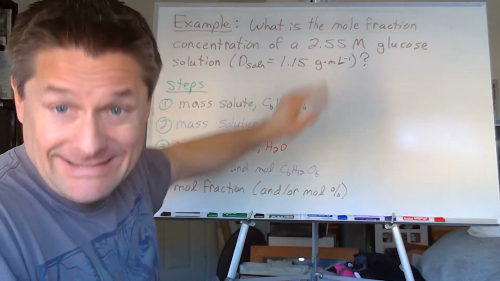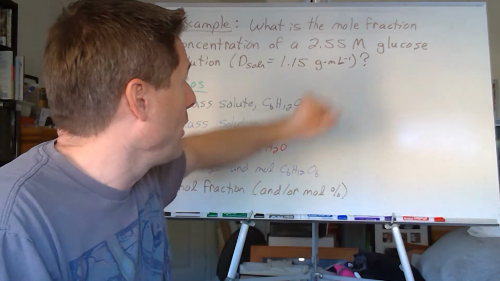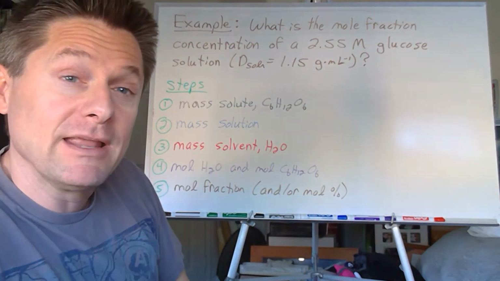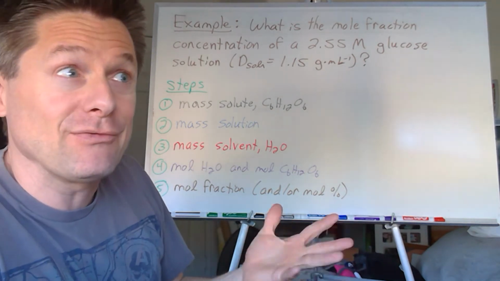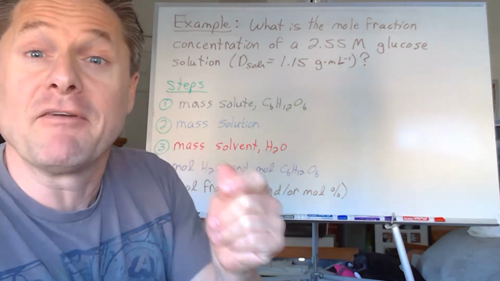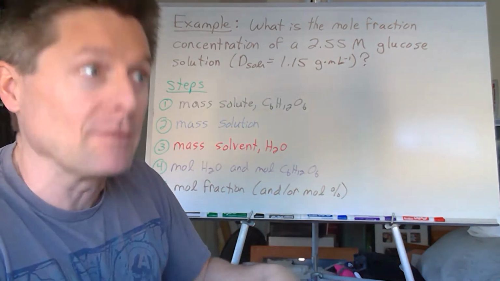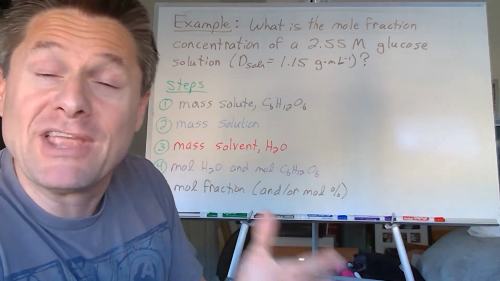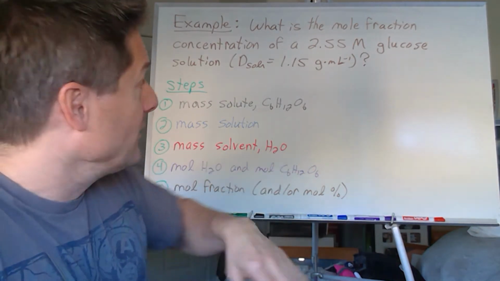I will give you the density of that glucose solution, 1.15 grams per milliliter. Didn't specify temperature, so assume room temperature-ish. If you want to be very, very specific, you would state the temperature and find the density for that particular temperature, especially water, right?